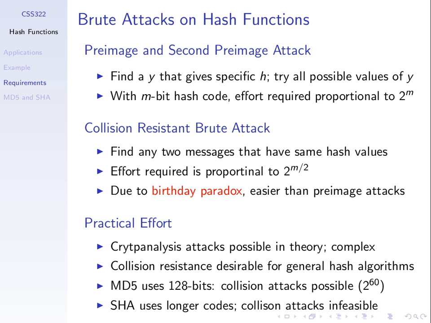In fact, you don't have to try them all because we know that there will be collisions. It turns out that the number of attempts is proportional to 2 to the power of m, where the hash code is m bits in length. So with MD5, it's a 128-bit hash code. If we compare to brute force attacks on ciphers, MD5, according to these properties, takes approximately 2 to the power of 128 operations to defeat one of the properties using a brute force attack.